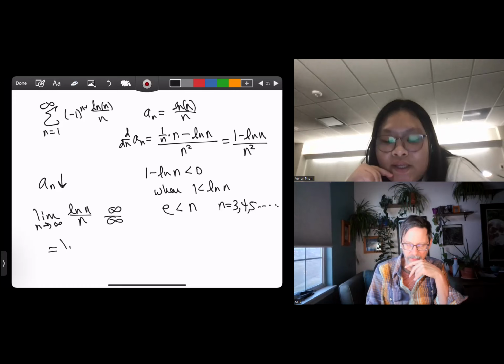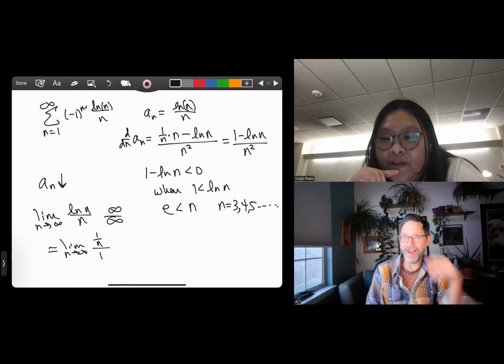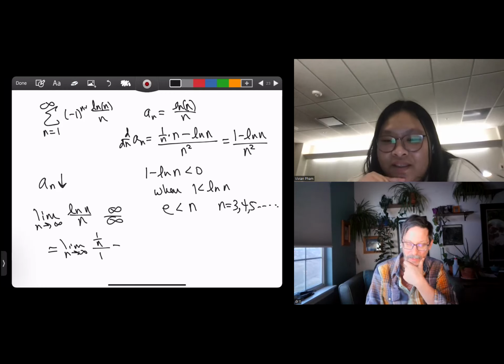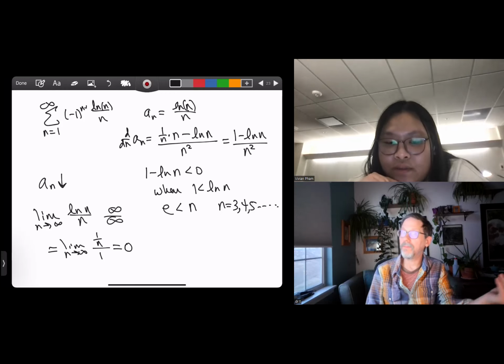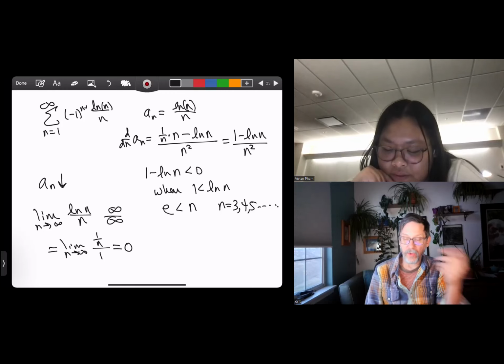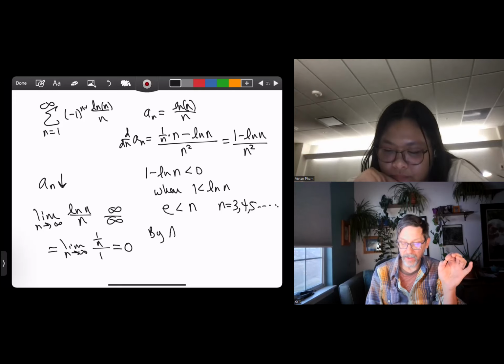Perfect. And then the derivative would give me limit of 1 over n over 1, that's right? Yes, exactly. So we get 0. So that's good. So by the AST, this converges.